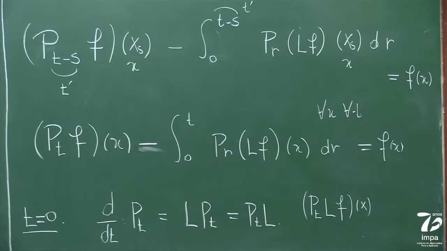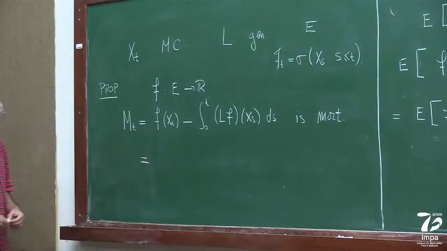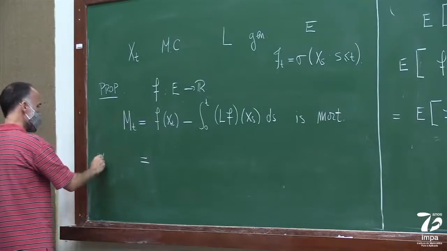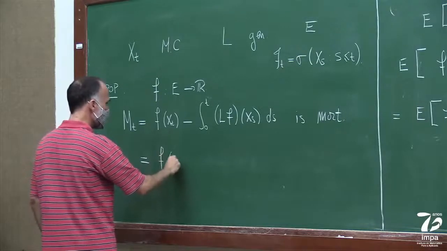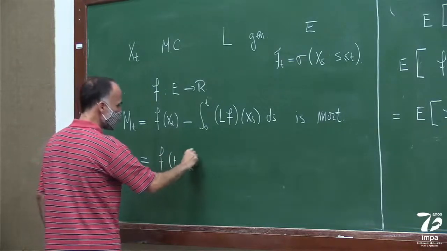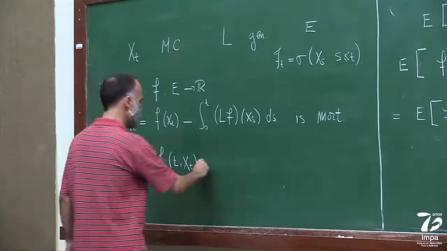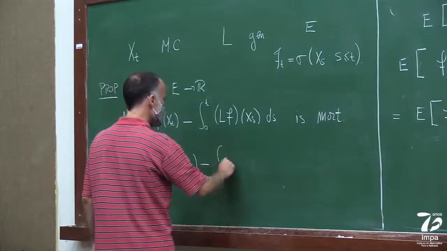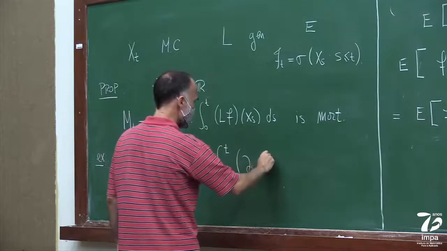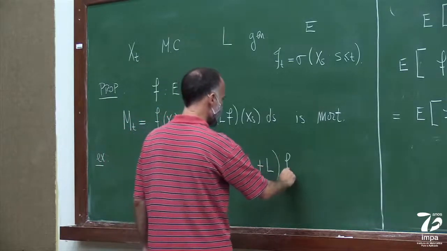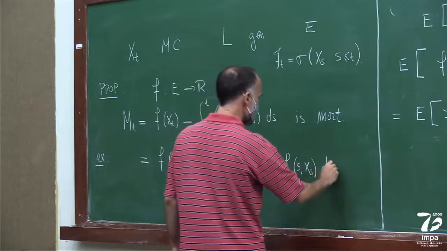Now, sometimes we will need functions which depend on time. I leave it to you as an exercise, but the proof is exactly the same, to show that if I take a function which depends on time and space, f(t, xt), then f(t, xt) minus the integral from 0 to t of (d_s f plus L f)(s, xs) ds is a martingale.